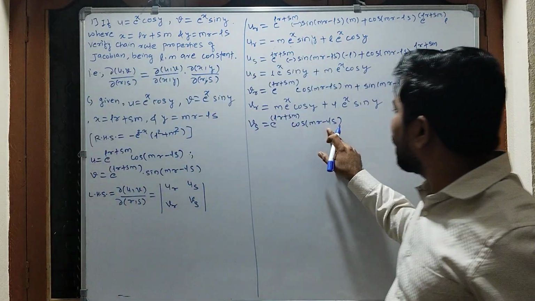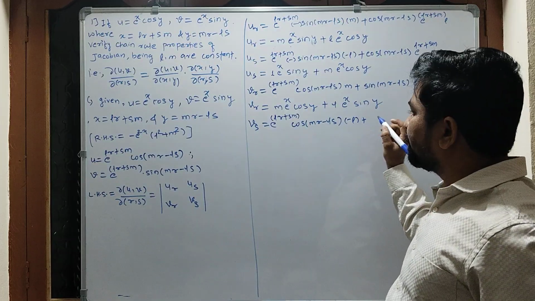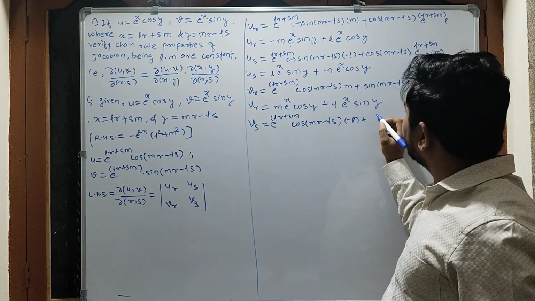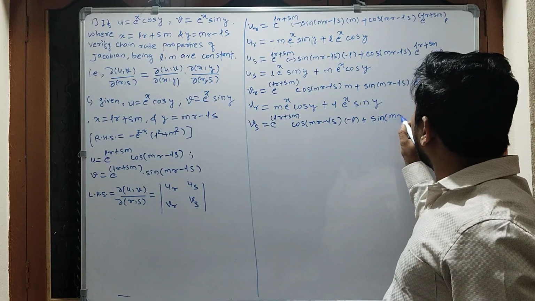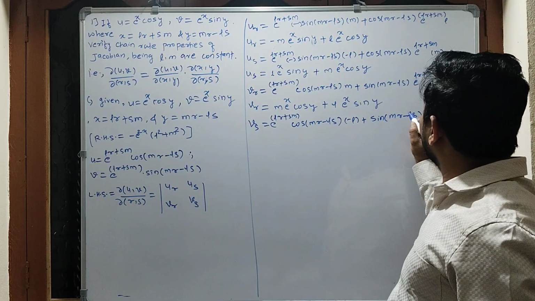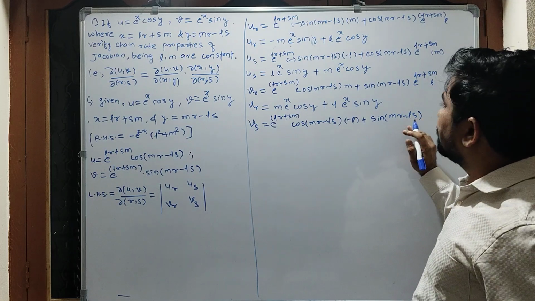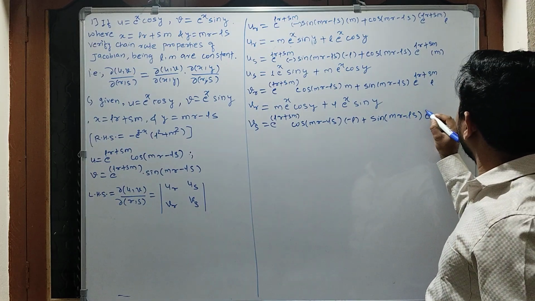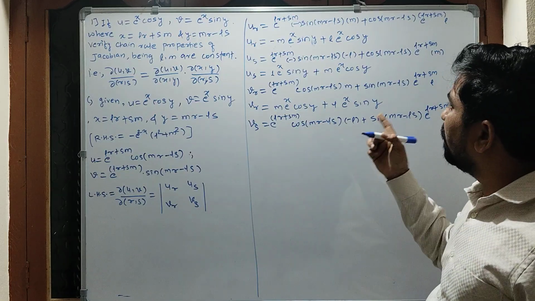So the derivative of the angle with respect to s is minus l, plus sine of (m r minus l s) into the derivative of the first, e to the power l r plus s m, with respect to s.